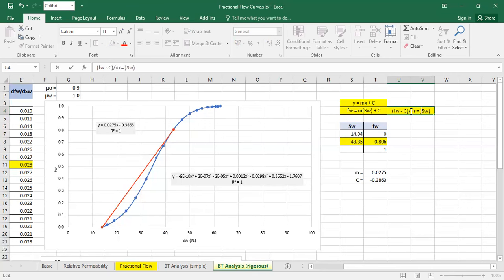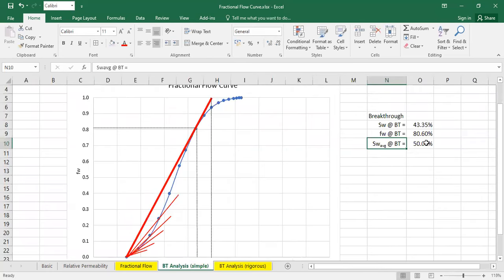Or if you want to make it on the left, you get the water saturation as 1 minus intercept divided by slope. So the average water saturation behind the waterfront at breakthrough is 50.41%, which is very close to our first, simple guess of 50%.